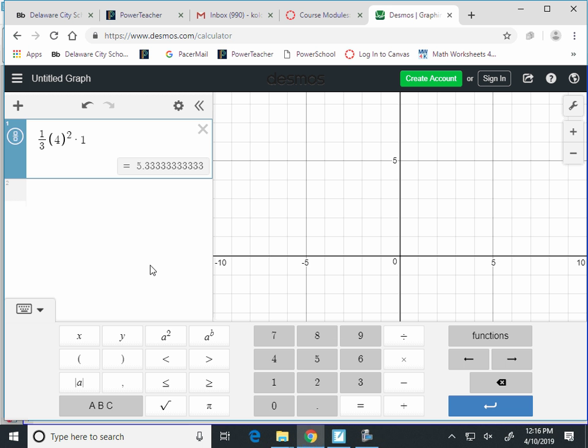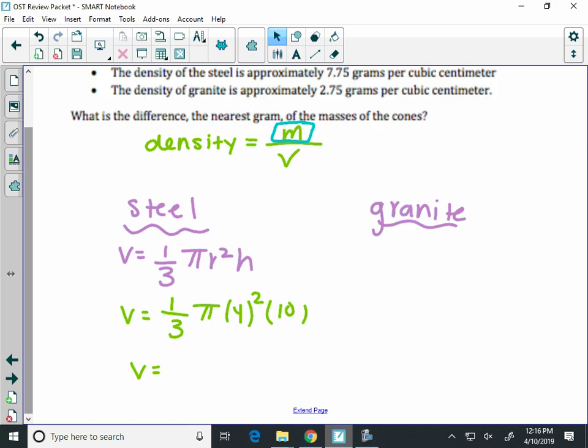Oh, I forgot the pi. Pi is right down here. So 1/3 times pi times 4 squared times 10. So if we rounded, that's about 160 what? 168. Okay. So the volume of each cone is about 168 cubic centimeters.